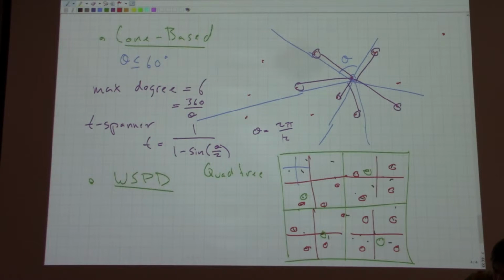Oh, this one. And then each level down, if it doesn't have this representative already, you keep going down. Each one gets one representative.